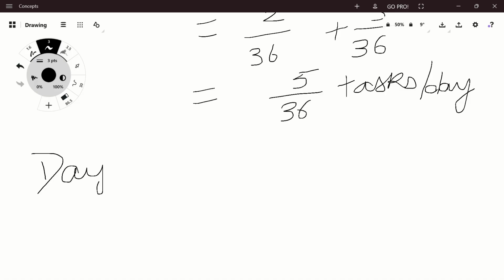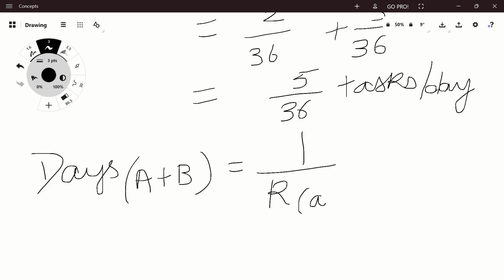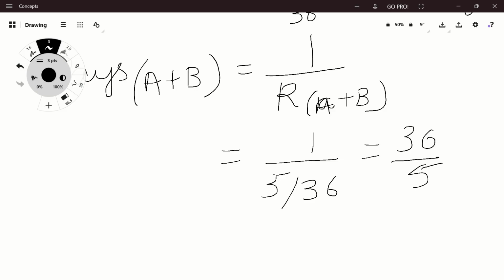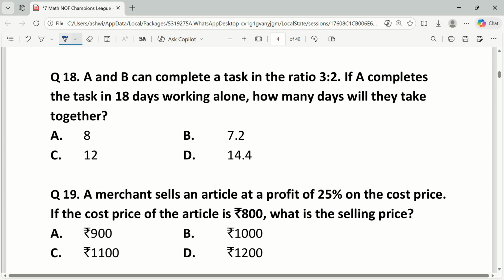So, days A plus B will be equal to 1 upon rate A plus B, which will be equal to 1 upon 5 by 36, which is equal to 36 by 5, which is equal to 7.2 days. Comparing with the options given, the answer is B.